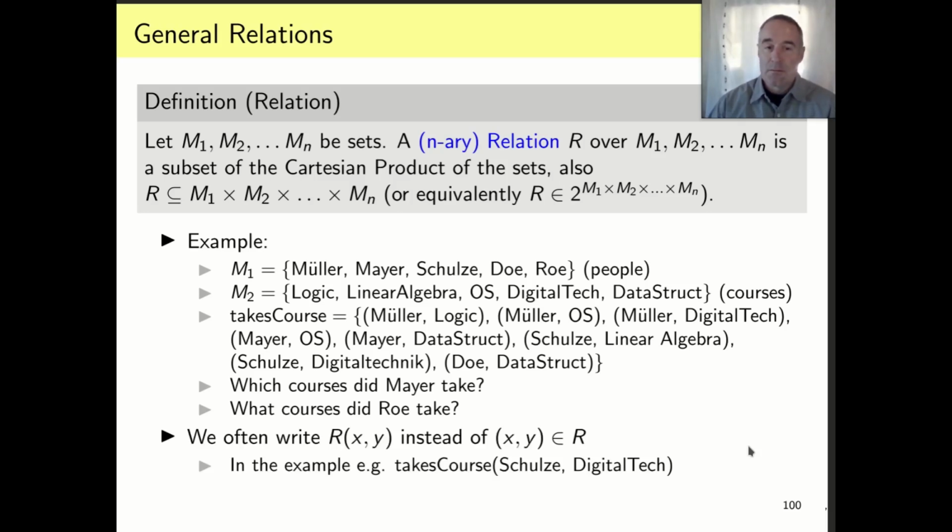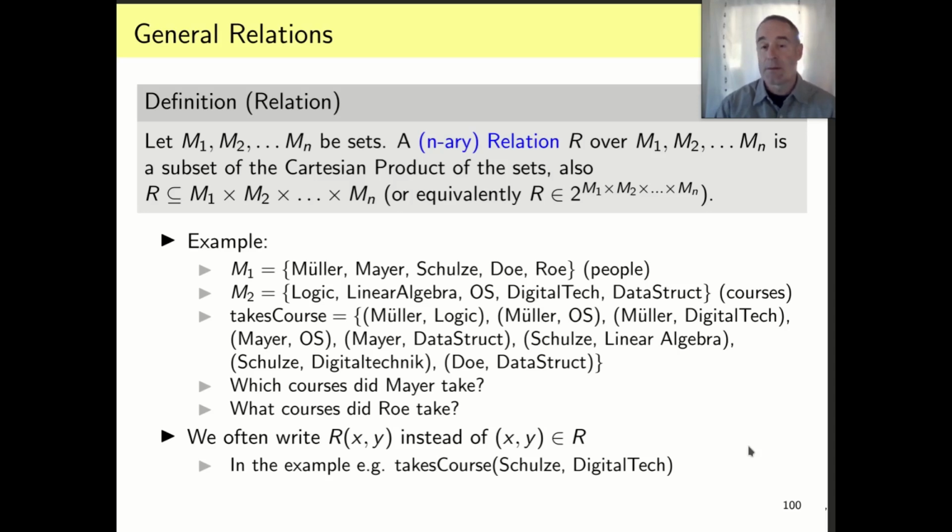So we often write relationships as prefix notations instead of set notation. So the set notation, we'd be saying there's a choice of a tuple that has the same cardinality as the number of arguments that are in the relation. So we might have a binary relation. It's just going to have two arguments.